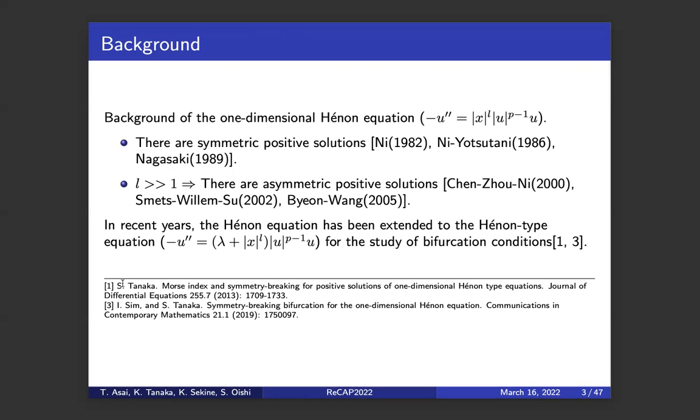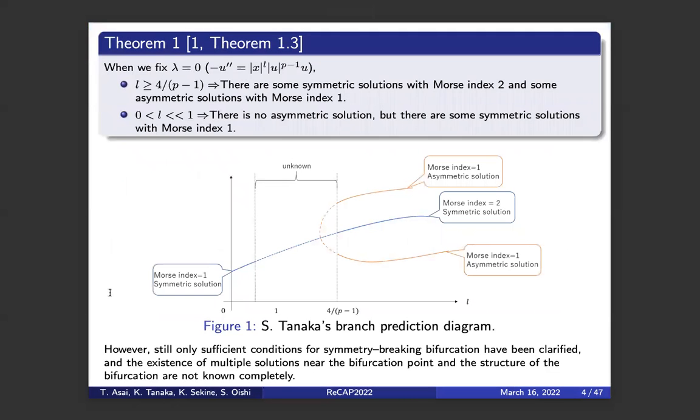According to these studies, there are theorems for bifurcation phenomena. For example, this is a theorem about the bifurcation when the parameter lambda equals 0 and P is fixed and the parameter L is moved.